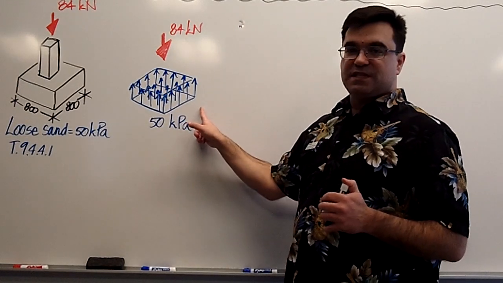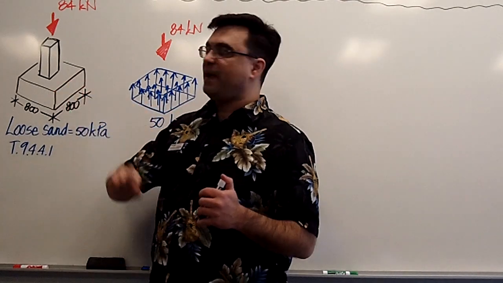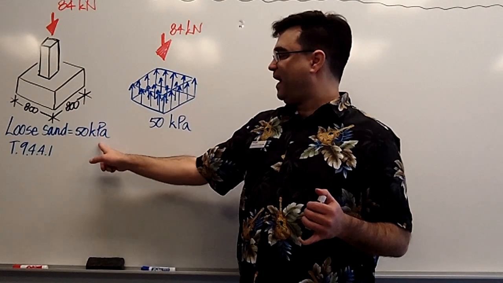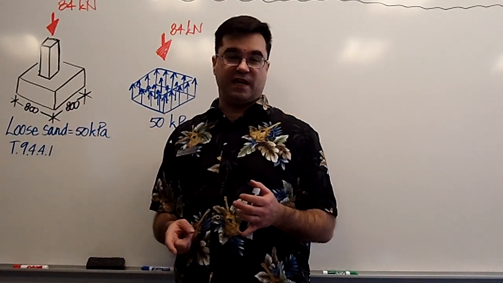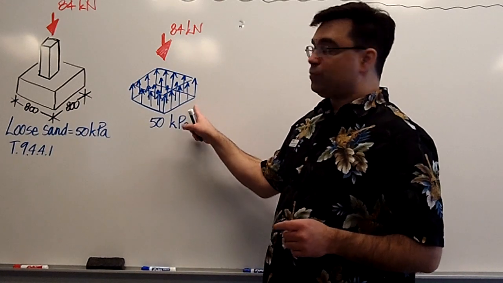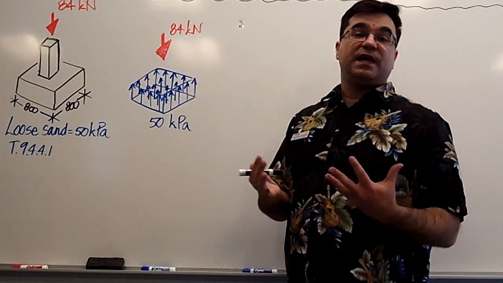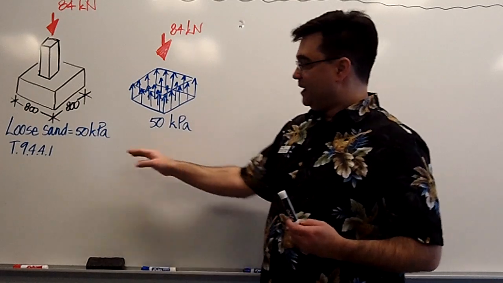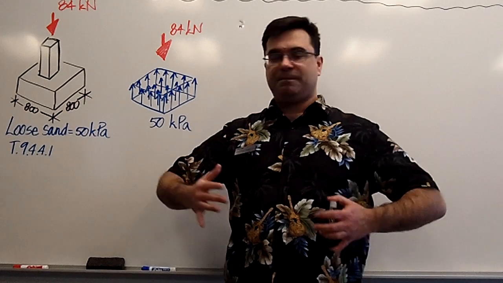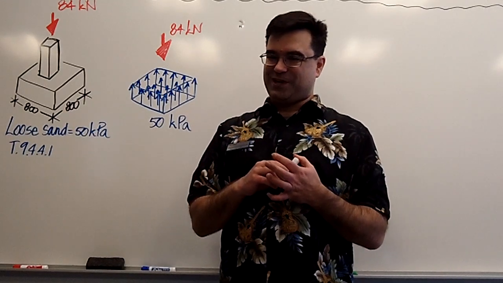And then we have the resistance of the soil under this pad footing that's been given to us as 50 kPa. We found this because we're told it's loose sand, and we went to this table to find it. The resistance of the soil, the bearing capacity of the soil, it's in kPa. Kilopascals, and that's a unit of pressure, okay?